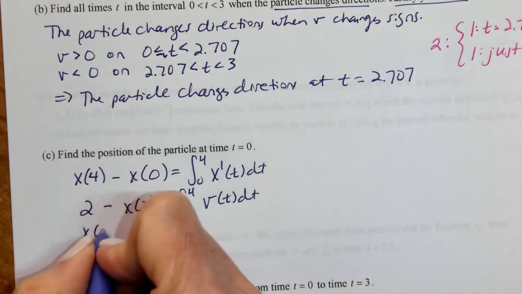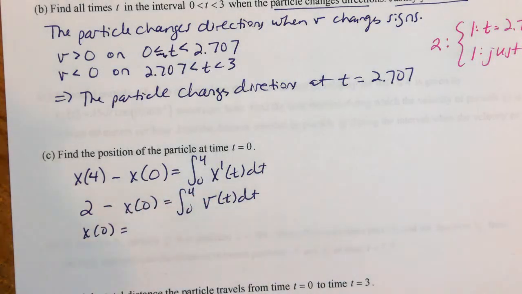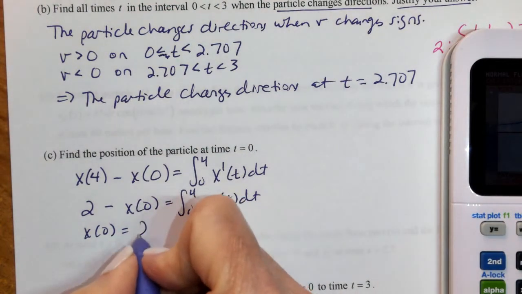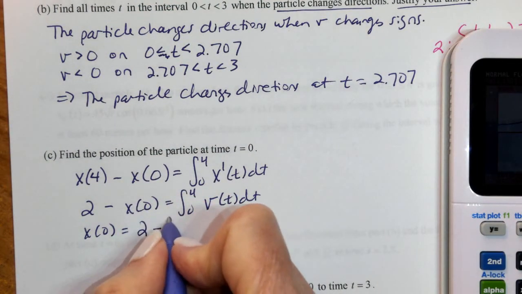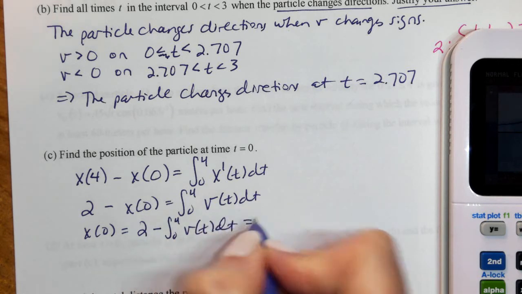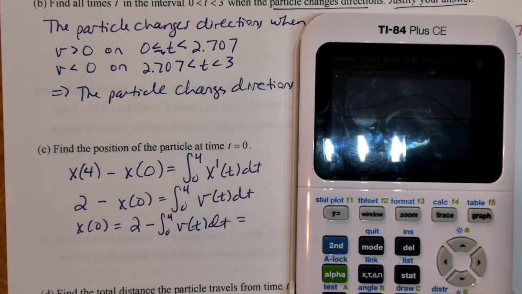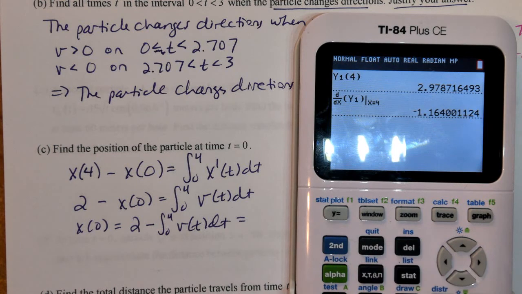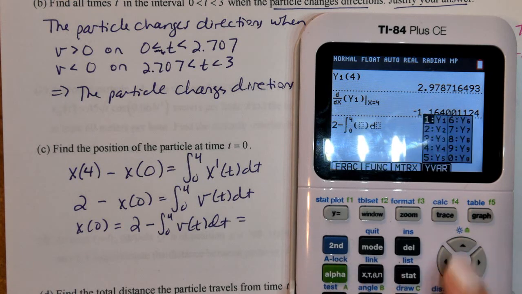So x of 0 will equal, in my calculator I'm going to be putting in 2 minus that integral, because we're using a little algebra there to get there. So 2 minus the integral 0 to 4 of my velocity.